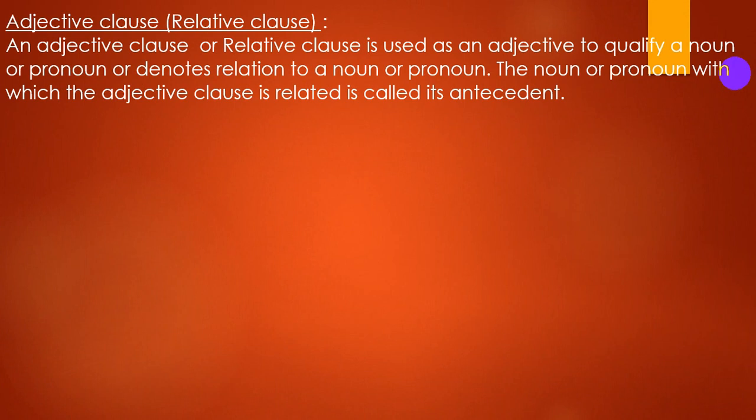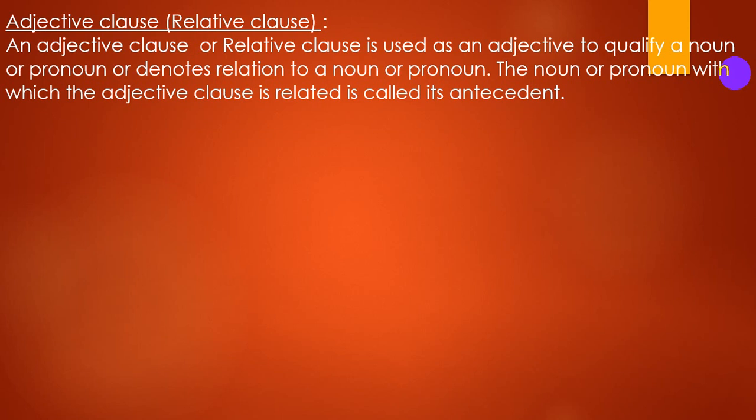Now I will discuss adjective clause for you. Adjective clause or relative clause. An adjective clause or relative clause is used as an adjective to qualify a noun or pronoun or denotes relation to a noun or pronoun.